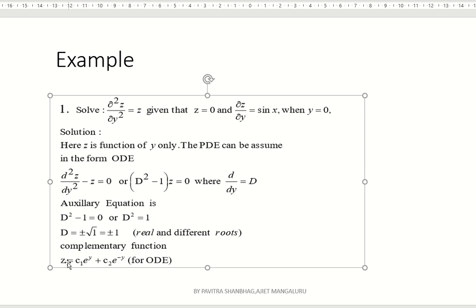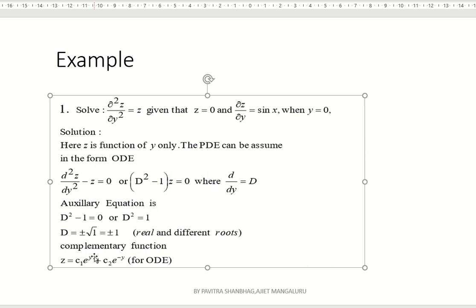Now this we found is the solution for the ODE, because we have converted the PDE in terms of ODE and found the solution for the ODE. But what is the solution for the PDE? Just replace this c1 and c2 in terms of functions of the other variable. The other variable is x. So c1 is replaced by f of x, c2 replaced by g of x. Clear? That itself is the solution of the PDE.